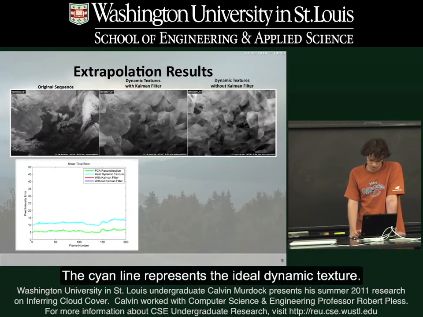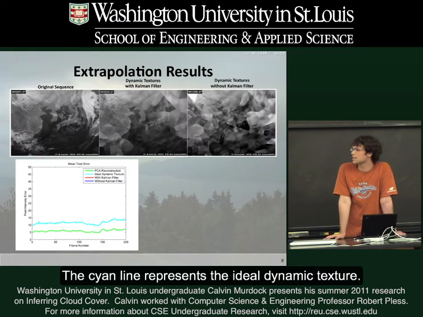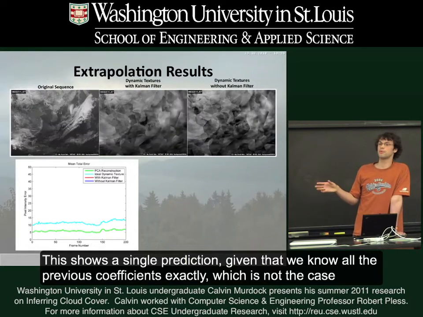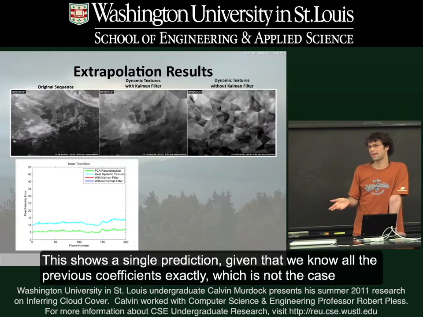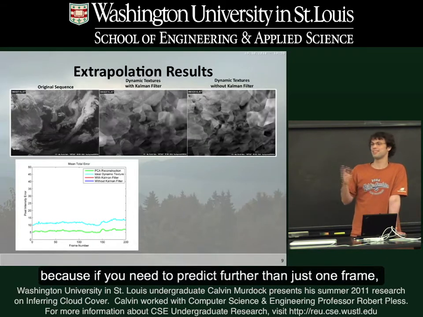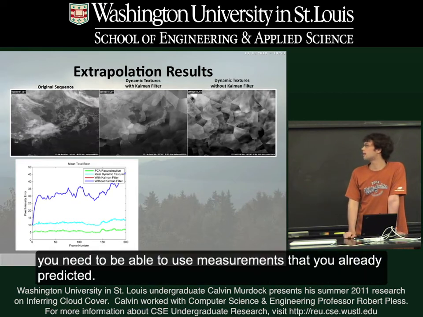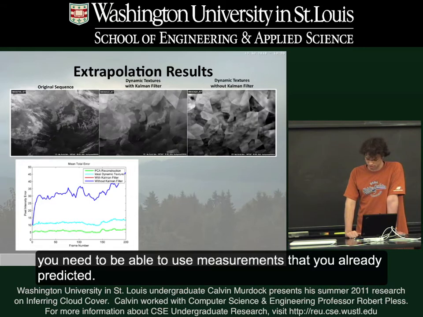When we use this line, it represents the ideal dynamic texture. This shows a single prediction given that we know all of the previous coefficients exactly. Which is not the case, because if you need to predict further than just one frame, you need to be able to use measurements that we already predicted.